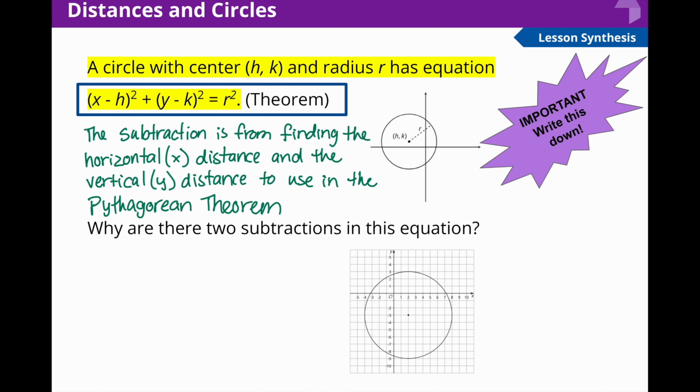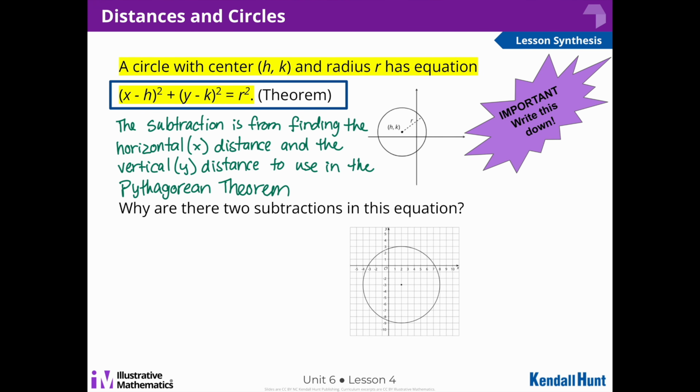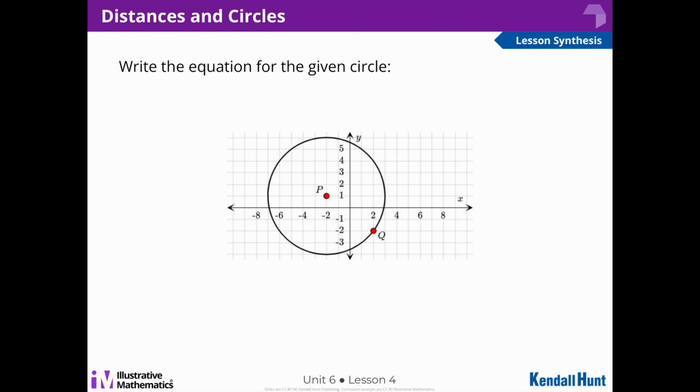So yeah, that is the equation of a circle, and it's based on the distance formula, which is another word for the Pythagorean theorem, because we often use the Pythagorean theorem to calculate distance between two points. And I'm going to have you do one or two last exercises here. If I gave you this circle, your job is to now write the equation for this given circle.